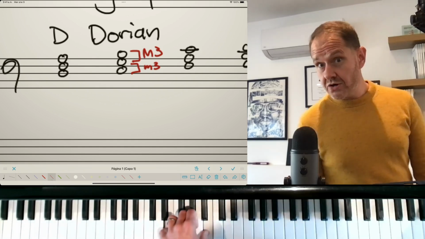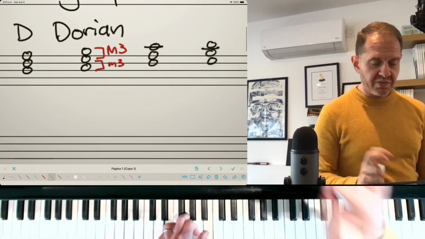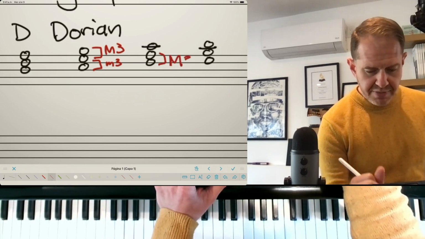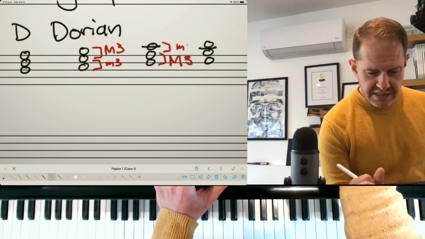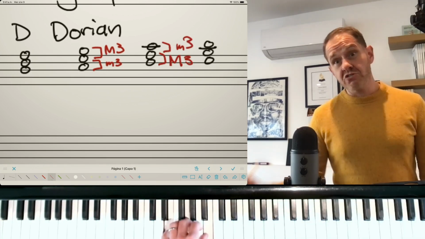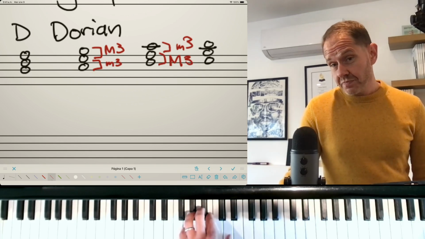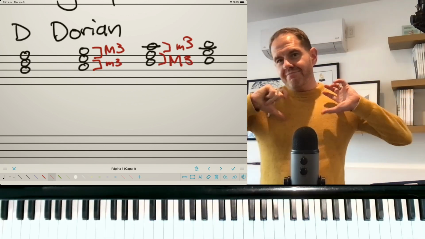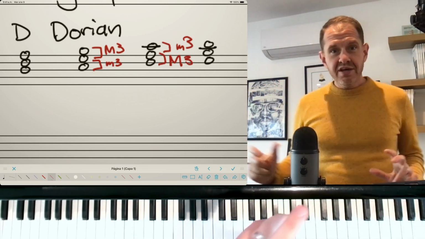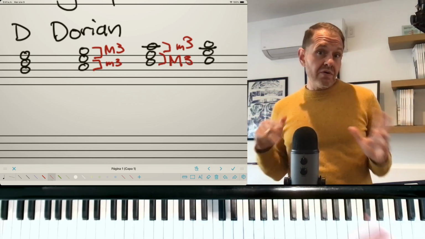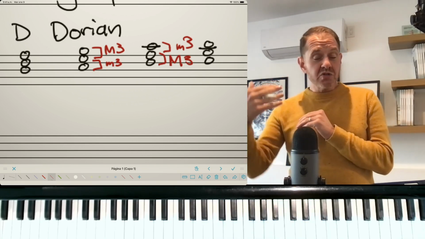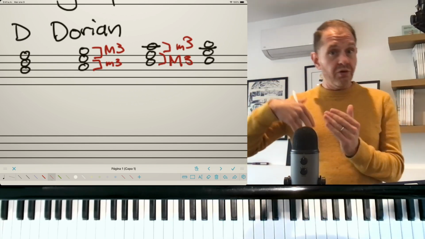So this is a minor triad, right? Whereas in the next voicing, F to A, the bottom interval is a major third, and A to C, the top interval, is a minor third. And this makes a major triad. So the number of the interval, whether it's the second, third, fourth, fifth, and its positioning on the staff all remain the same, but the actual type, the sonority, the detail of the interval changes.